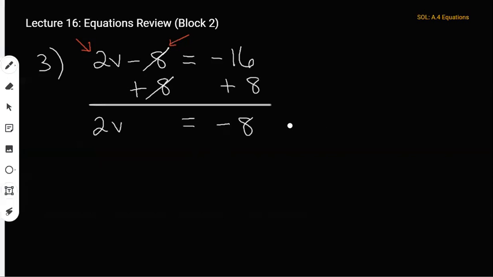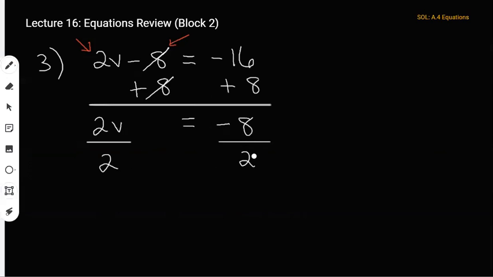Okay, so now to get v by itself, I only need to do one more thing, and that is to divide both sides by 2. The reason why I'm dividing is because I need to do the opposite of multiplying. And as you know, that's dividing. So that 2 times v, I'm going to divide both sides by 2.